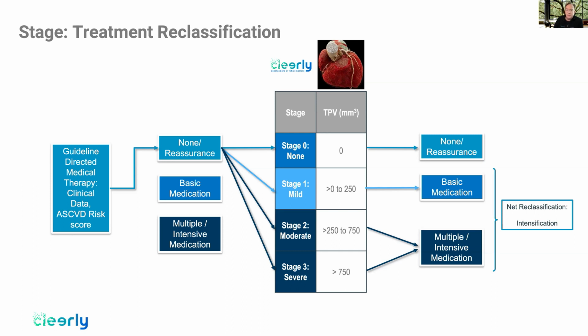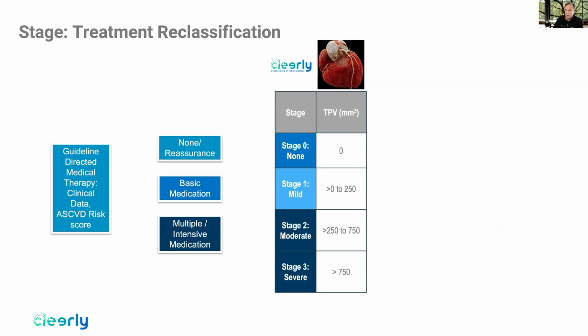So this would show that in certain situations, we may have a net reclassification based on the staging system to intensification of medical therapy from patients who weren't necessarily initially targeted to receive that. Of course, the same way, patients on basic medication according to guidelines may in fact have no atherosclerosis. In those cases, you may have shared decision-making to judiciously de-intensify or take the patient off medication.